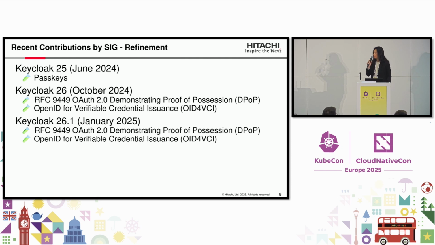The OAuth SIG not only contributes newly supported security specifications to Keycloak, but also contributes to refine the security features Keycloak already supports. This slide shows an example of such a contribution for refinement.